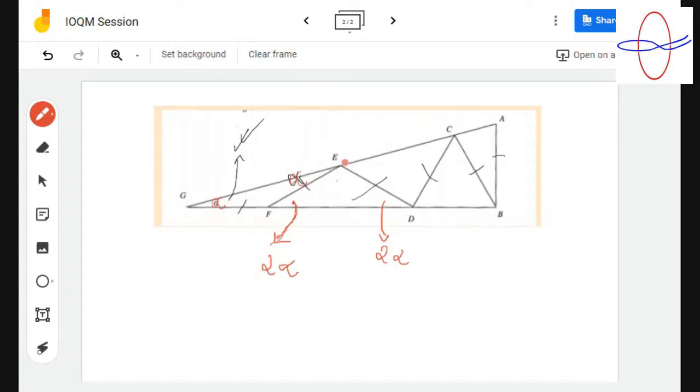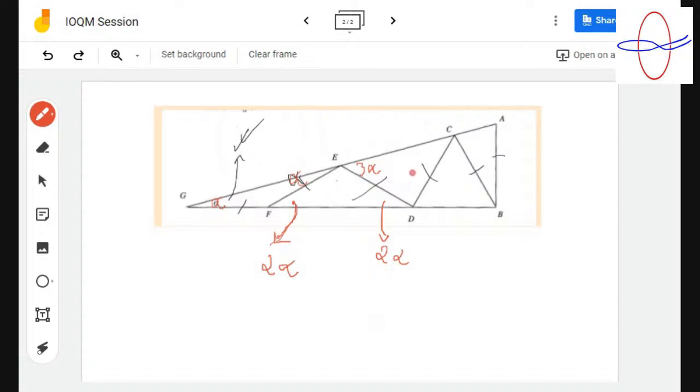This must be 3 alpha, because the sum must be equal to 4 alpha by the exterior angle theorem, and this is equal to alpha. So this must be 3 alpha, right guys?